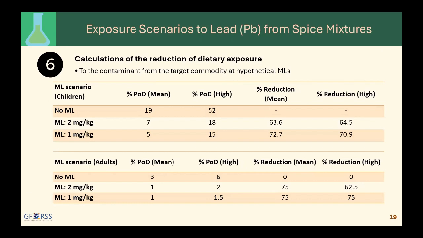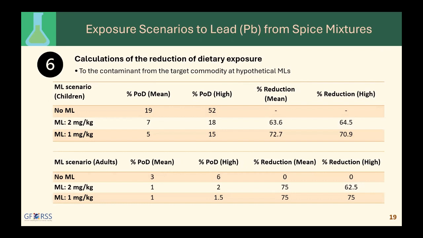Again, when I'm applying a maximum level of 2 or a maximum level of 1, how much am I contributing to the reduction of the exposure to lead through the consumption of spice mixtures. That's my objective, right? Why am I implementing MLs? I want to reduce the contribution of spice mixtures to the overall intake of lead.